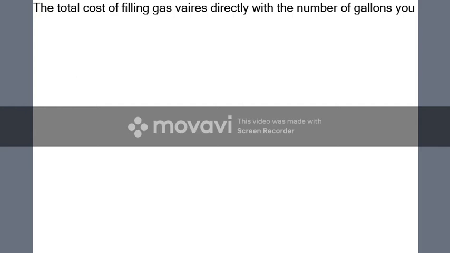If 7 gallons of gas costs $15.70, how many gallons can you purchase for $15? Well, it would be nice if you could actually see what I'm writing. Sorry about that, guys.